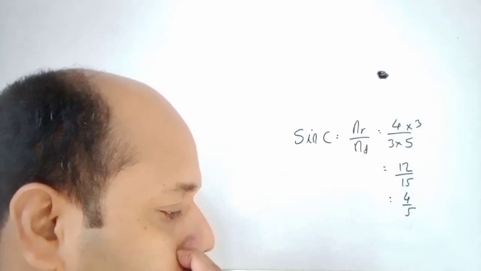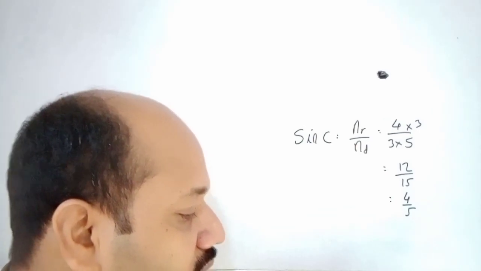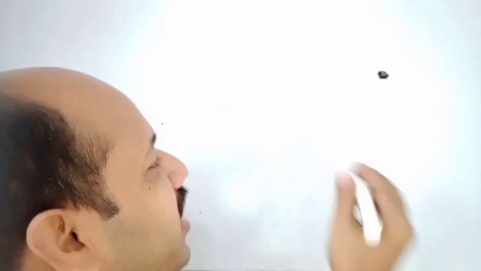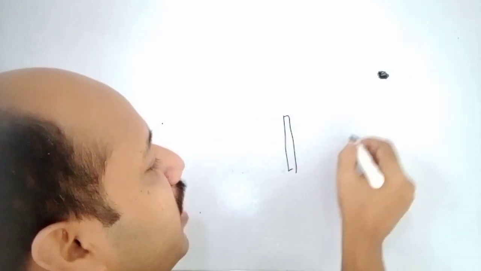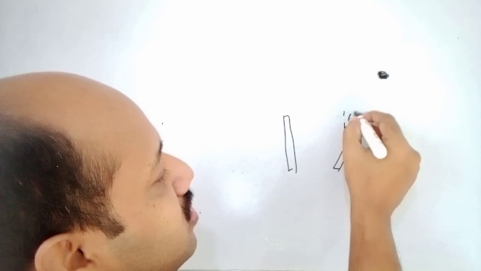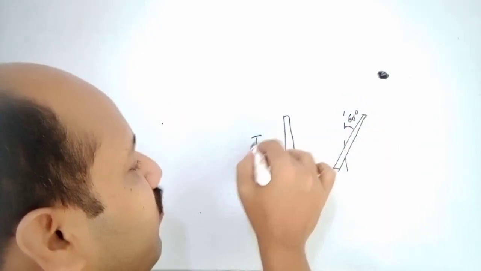Eighth question. Two polaroids are crossed. One of them is rotated through 30 degrees. Initially they are crossed, meaning perpendicular. Now one of them is rotated through 30 degrees, so the angle between them should now be 60 degrees, right? Unpolarized light of intensity I0 is falling on the first one.